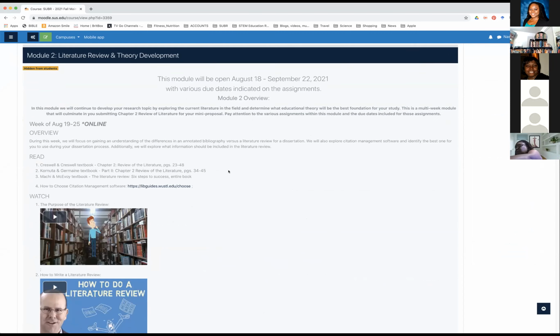But module 2, again, you can see that we will be in the lit review for a while. This doesn't mean to wait until September 20th to start going through this, because I have it separated by the weeks.